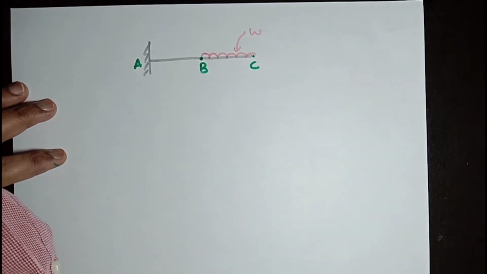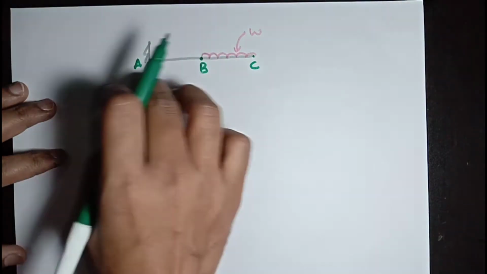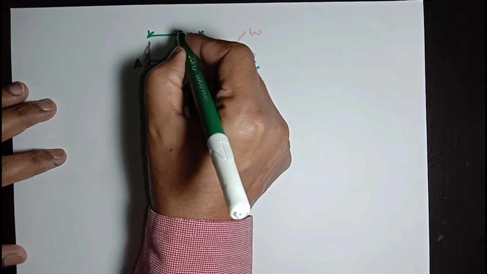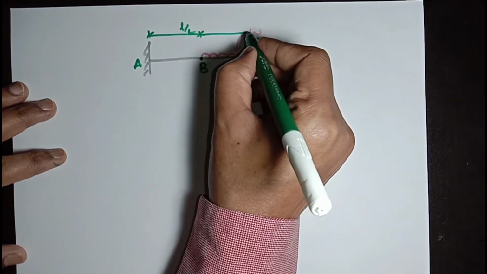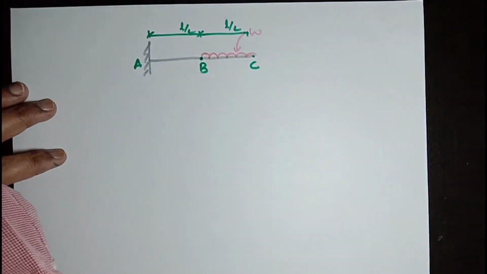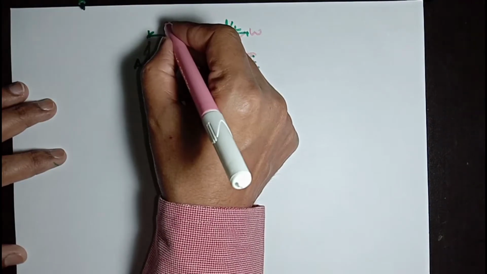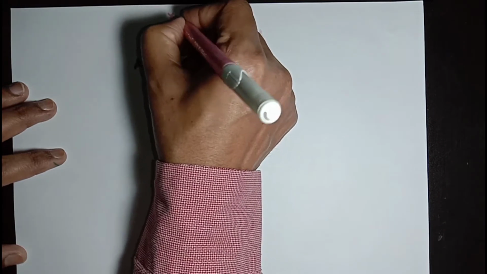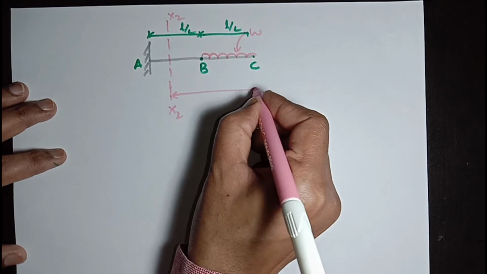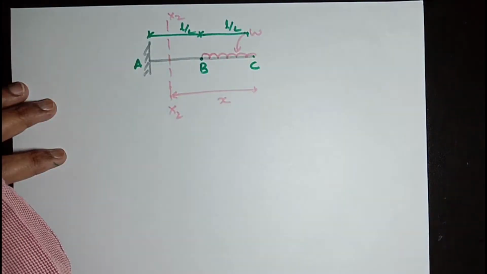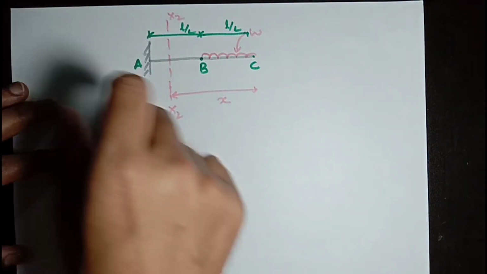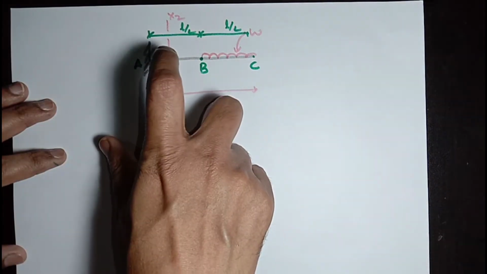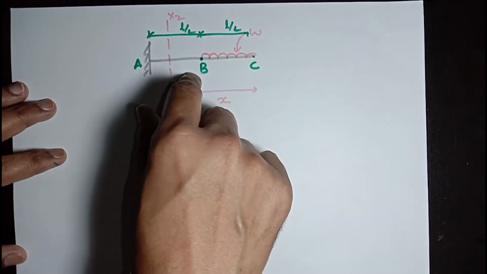I am going to find the bending moment from B to A. Let's suppose this length is L by 2, and this length is L by 2. Let's suppose we take any general section x2, which is at a distance of x from point C. So now I am going to find the bending moment at any section x2 from point C.